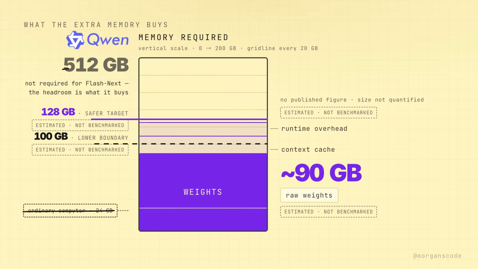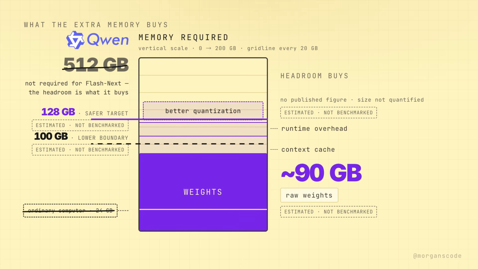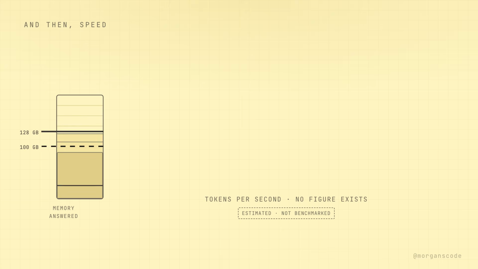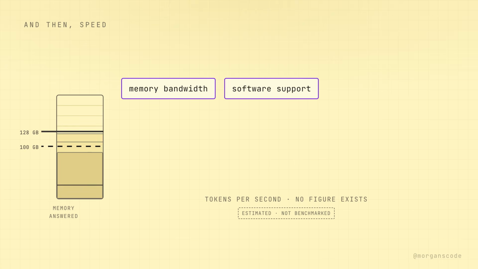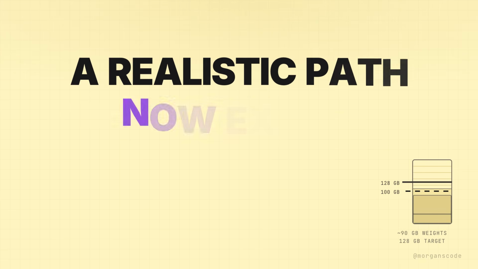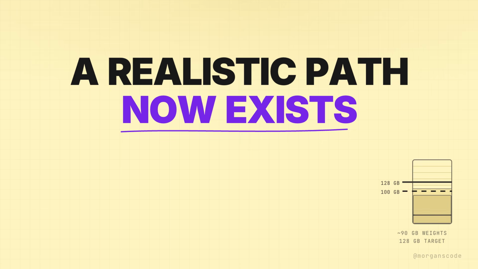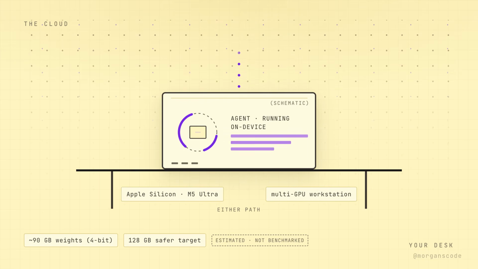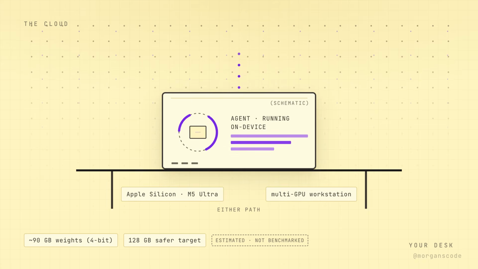You do not need 512 gigabytes specifically for FlashNext, but high memory configurations provide room for better quantization, longer contexts, and other tools running alongside the model. Speed will depend on memory bandwidth, software support, and inference optimization. But the important point is that a realistic path now exists. A quiet machine sitting on your desk can hold an agent model approaching the capability of frontier cloud systems.